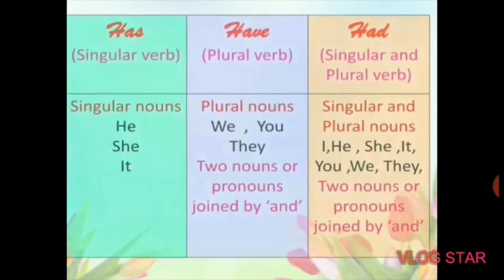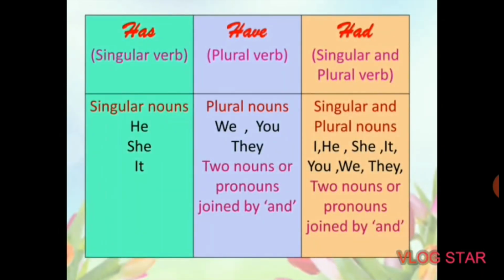We have also discussed about the verbs that show possessions. The verbs are has, have, had. Here, has and have show the possession in the present time and had shows the possession in the past time.